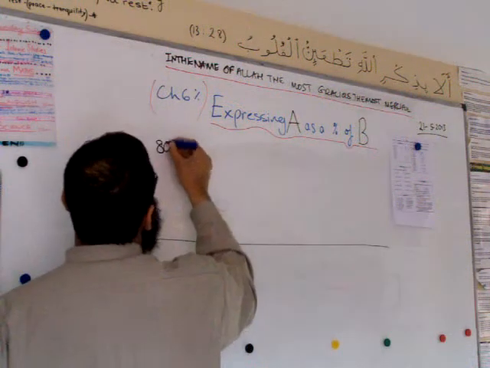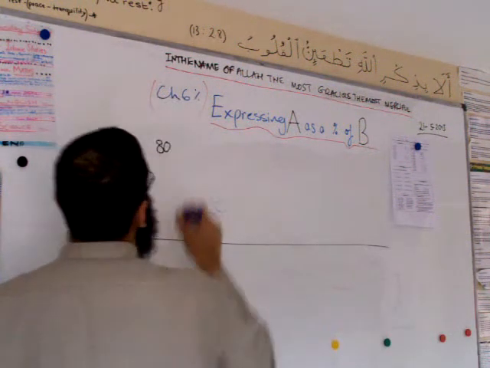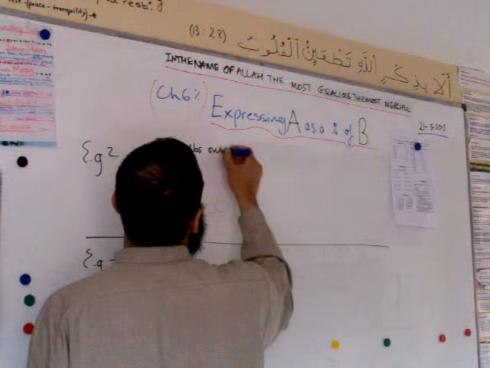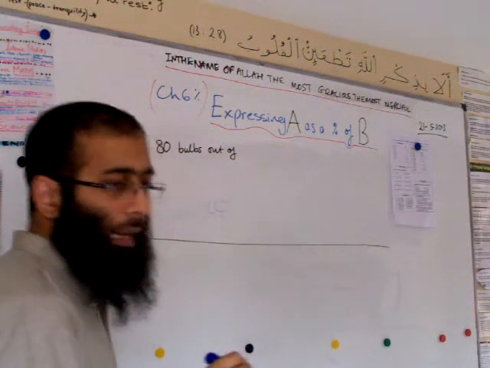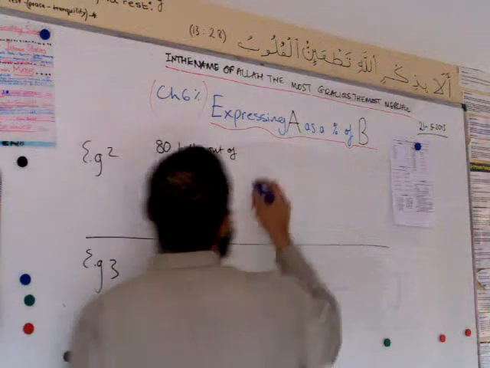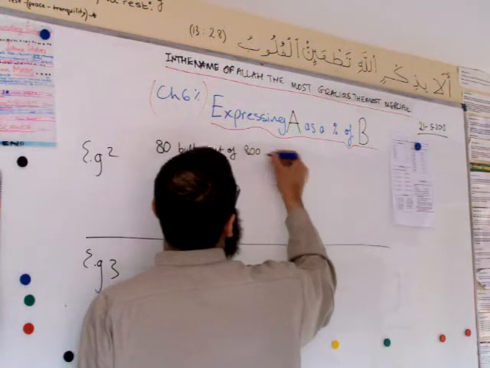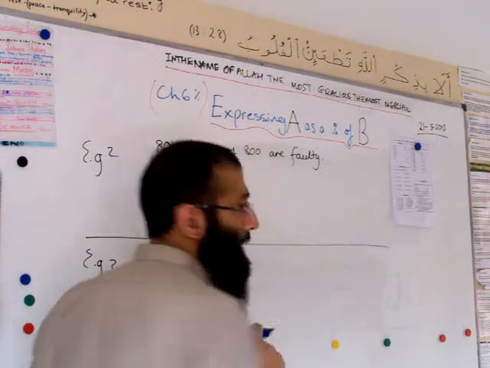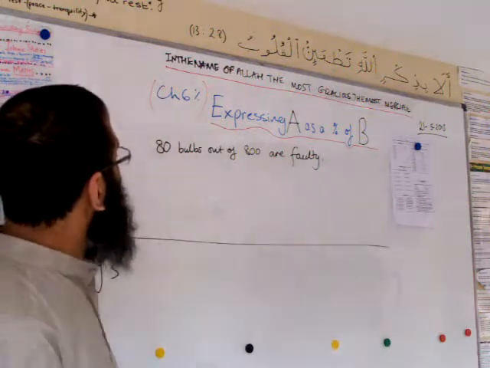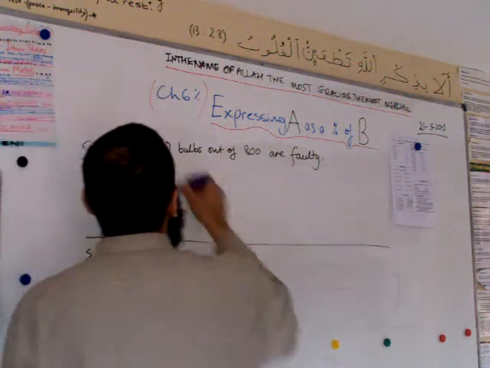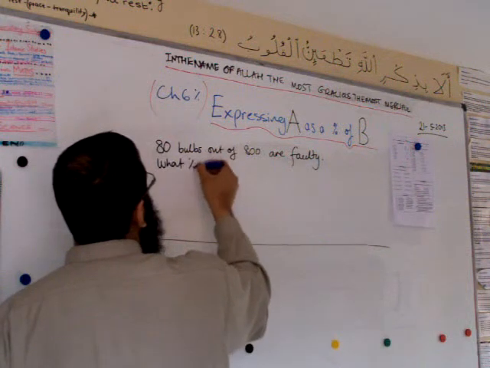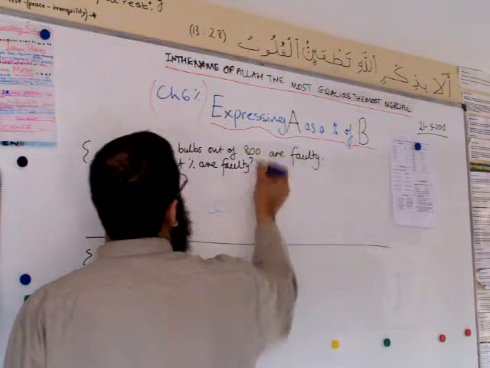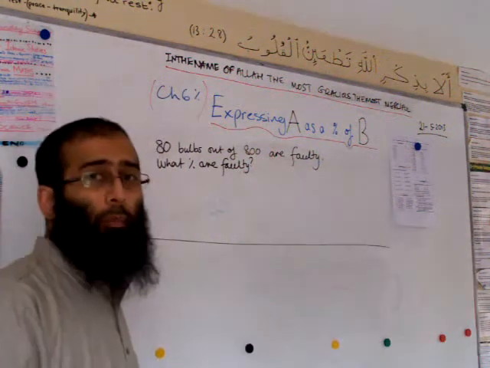Say we have 80 bulbs. You're selling bulbs in your shop. You find 80 bulbs out of the 800 delivered are faulty. What percentage are faulty? So that's example number 2.